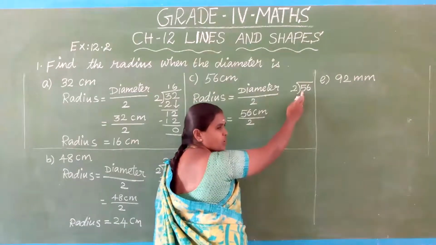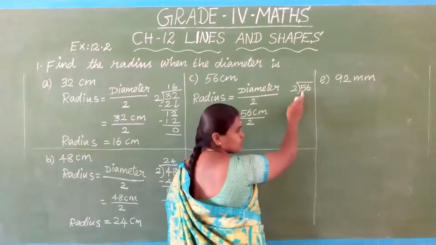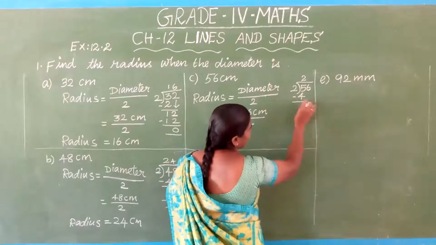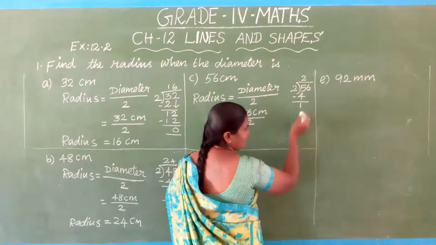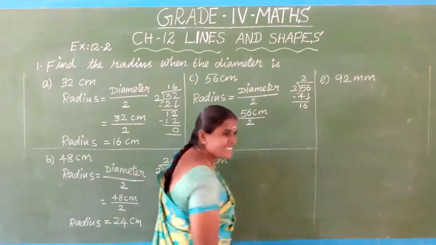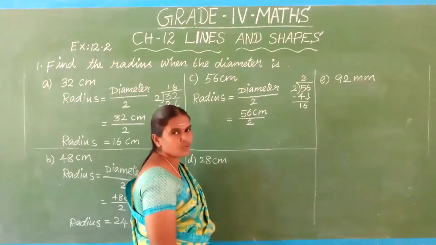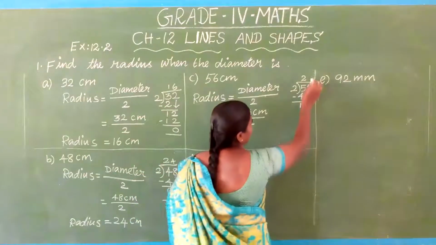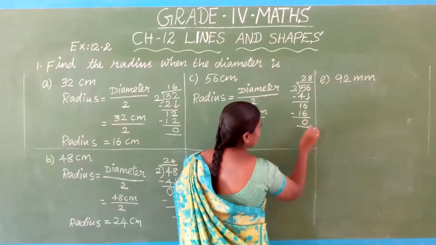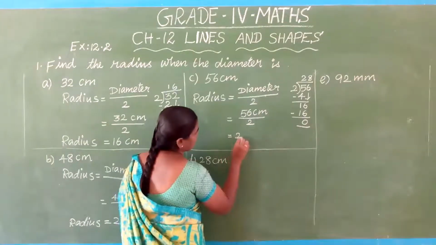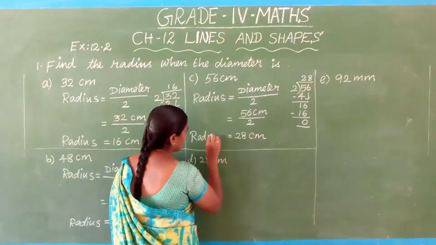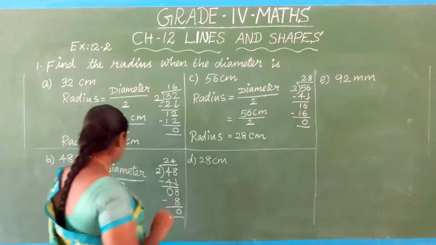So we take only small or equal only. So 2 2s are 4, 2 times. Now minus. 5 minus 4 we get answer 1. Next you bring down 6. Now this number is 16. So how many times in the 2 table? 8 times. 8 2s are 16. Now minus we get answer 0. Now 28 centimeter. Radius is equal to 28 centimeter.